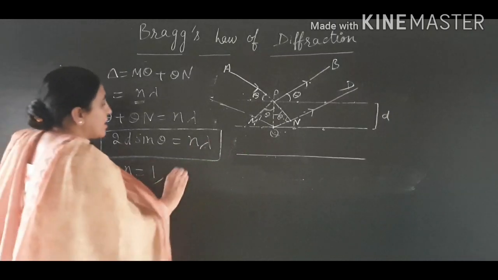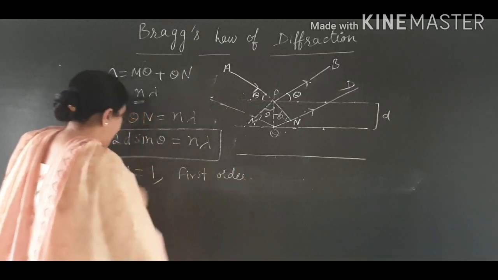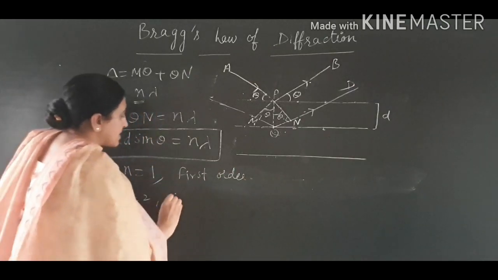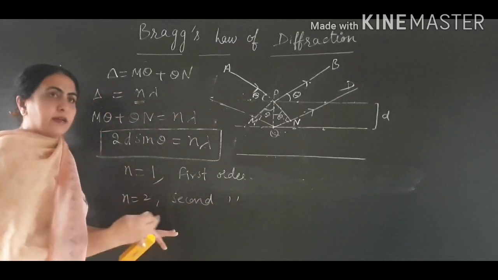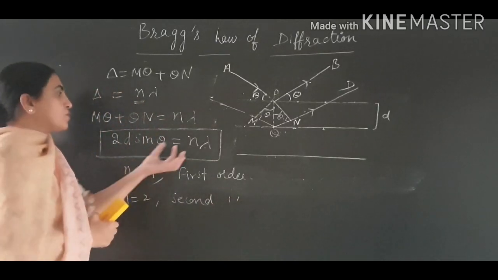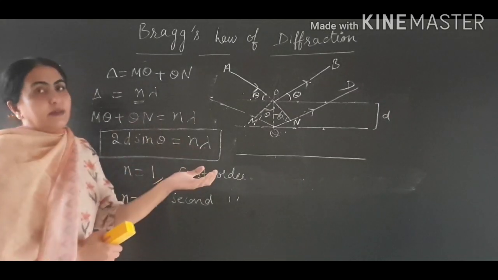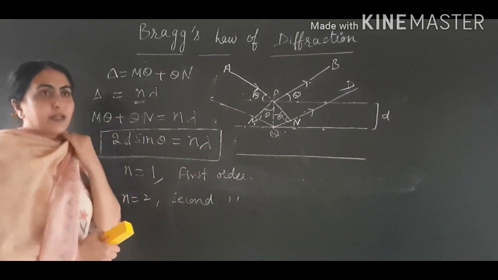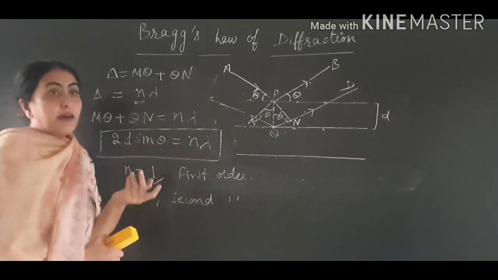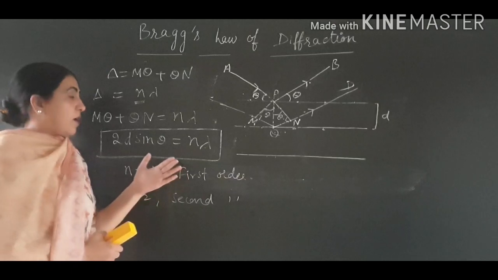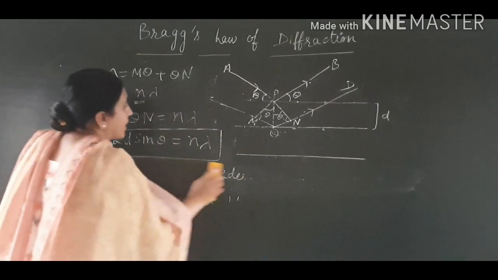Clear? And when n equal to 0, it is also called the 0th order of reflection, because n is an integer and can also have the value 0. So this is about the order of reflection.